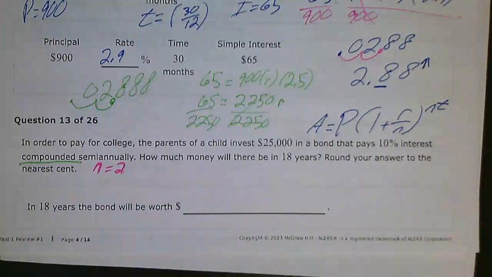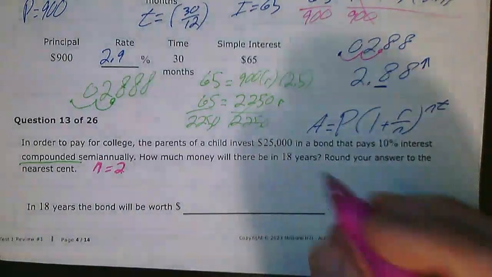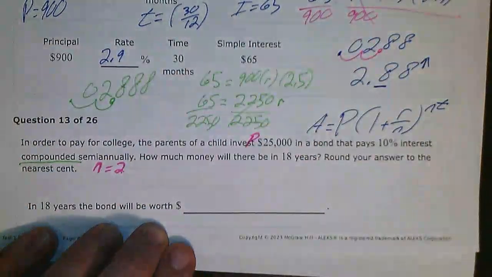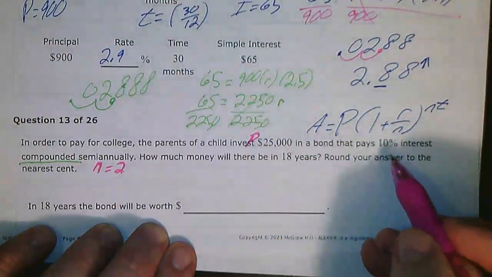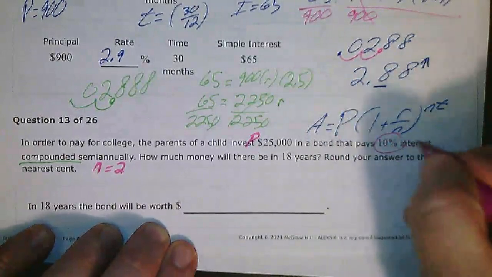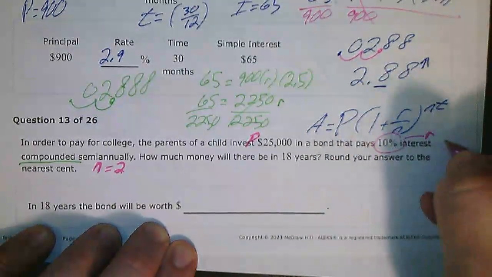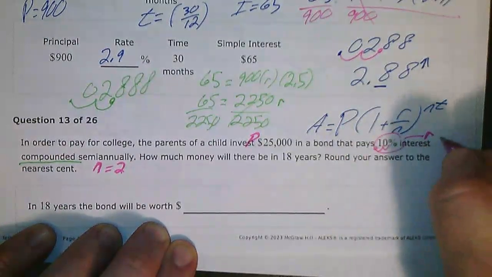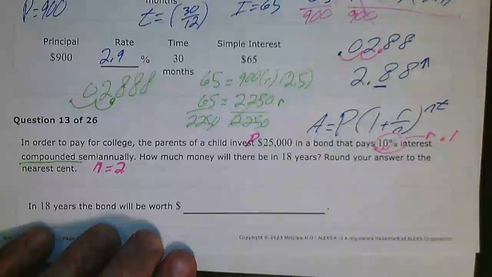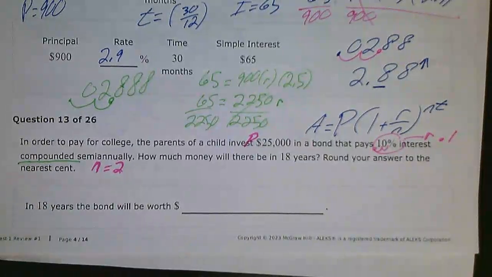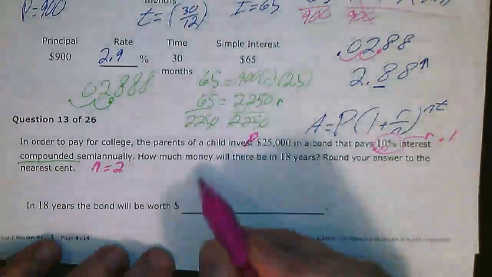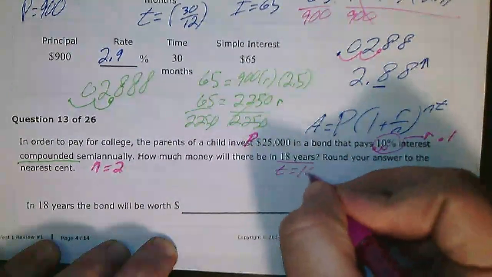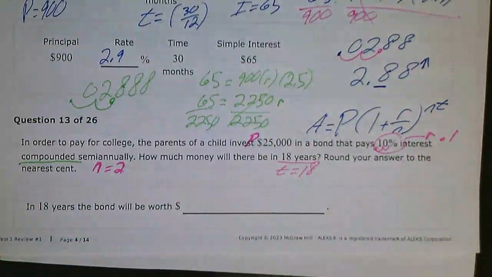So N or M equals 2. 25,000, that is our P. I'll label these in pink. 10%, that is our R. But of course, we need that as a decimal. Move it back to the left. So 0.1. And how much money will be in there in 18 years? So T in years is 18.